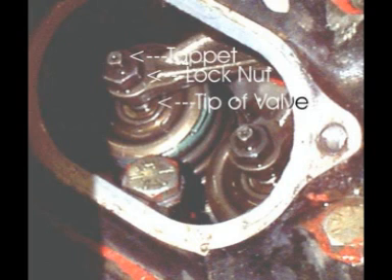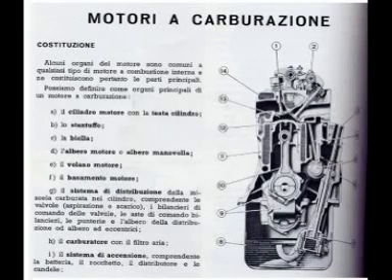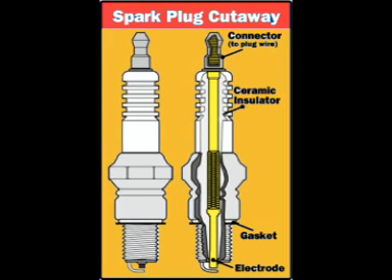So we have the carburetor with the air filter, and finally the ignition system, which comprehends the battery, the coil, the distributor, and the spark plug.